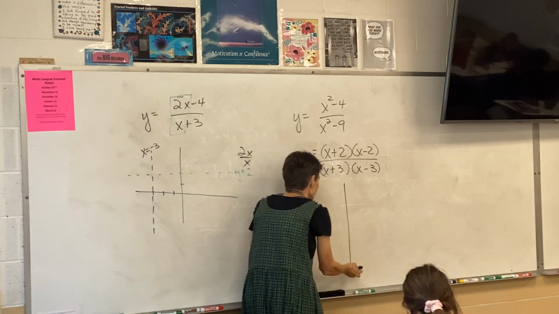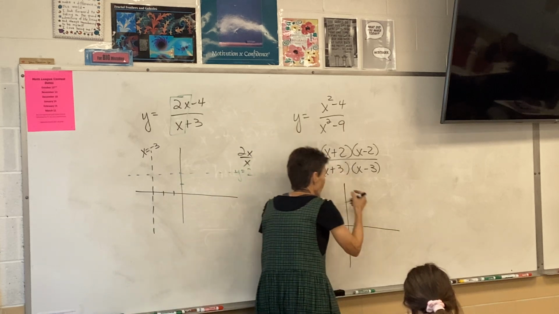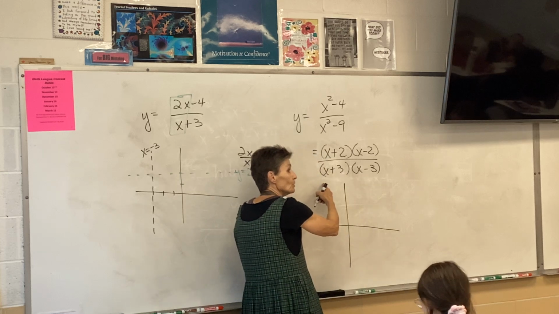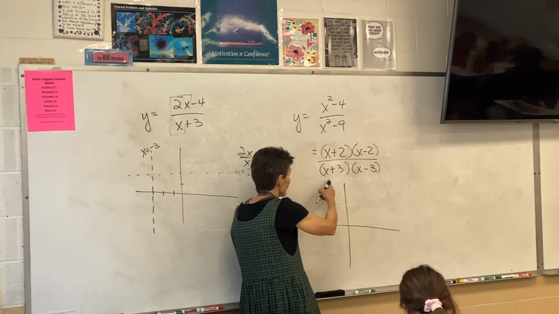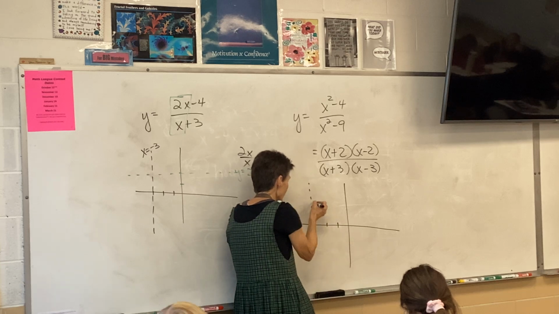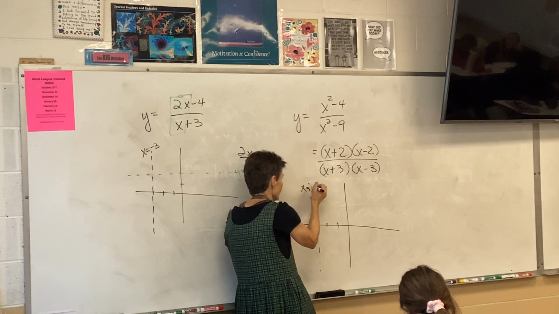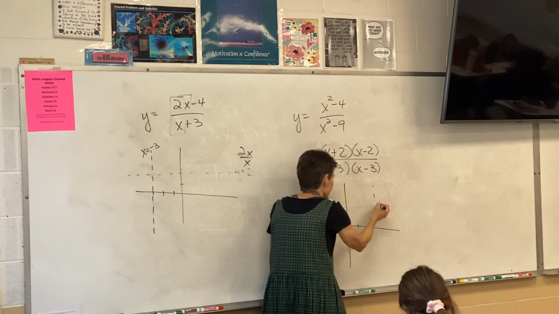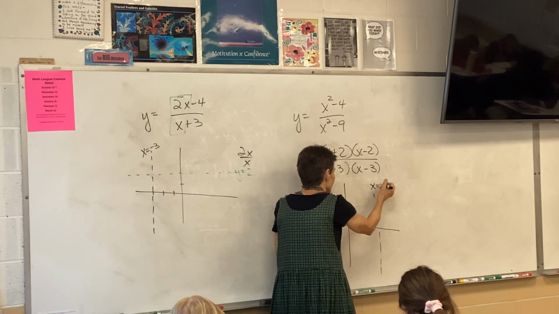There are 2 things in the denominator though. So what does that tell me? 2 vertical asymptotes. One at -3. Remember we're labeling x equals -3 and x equals 3.